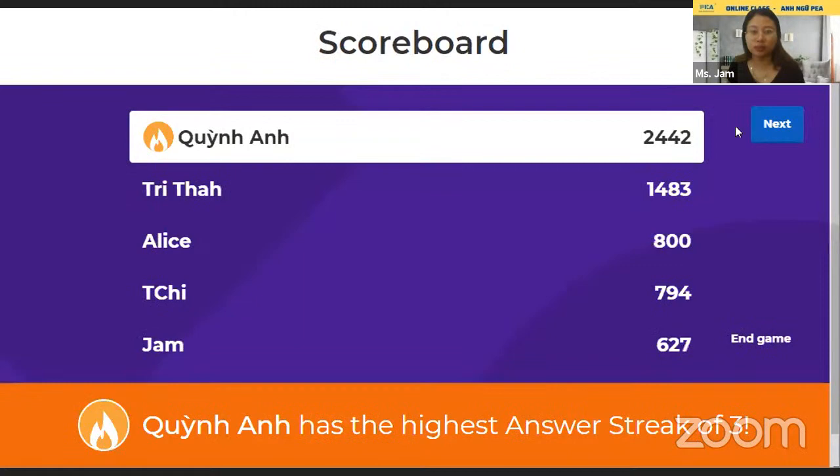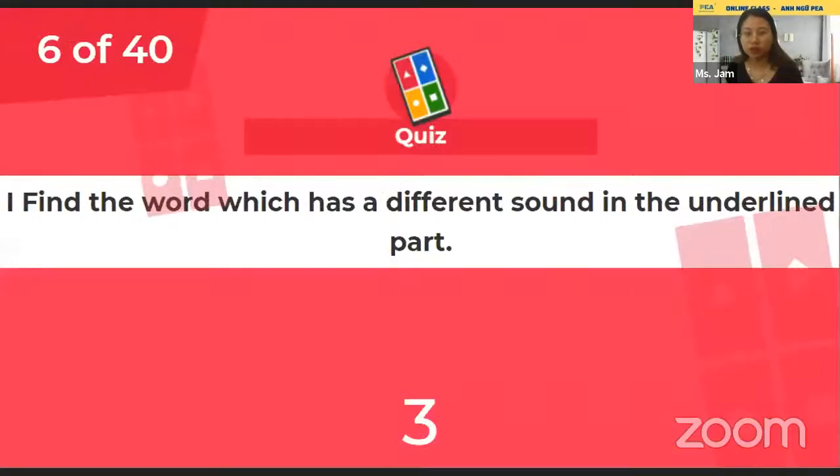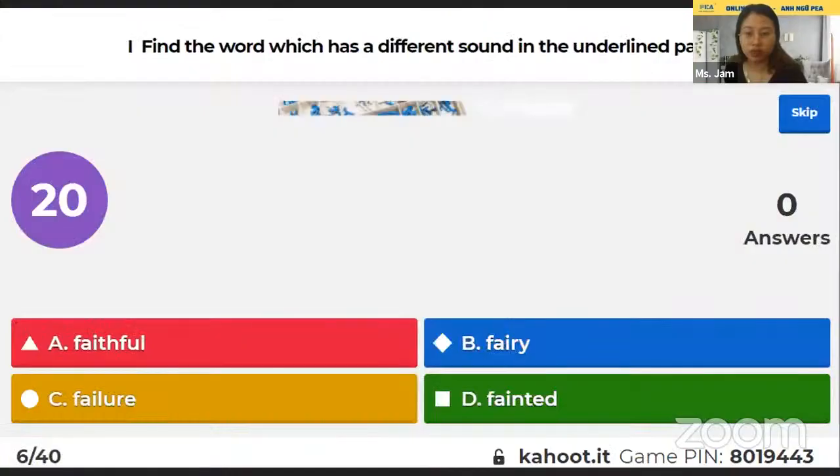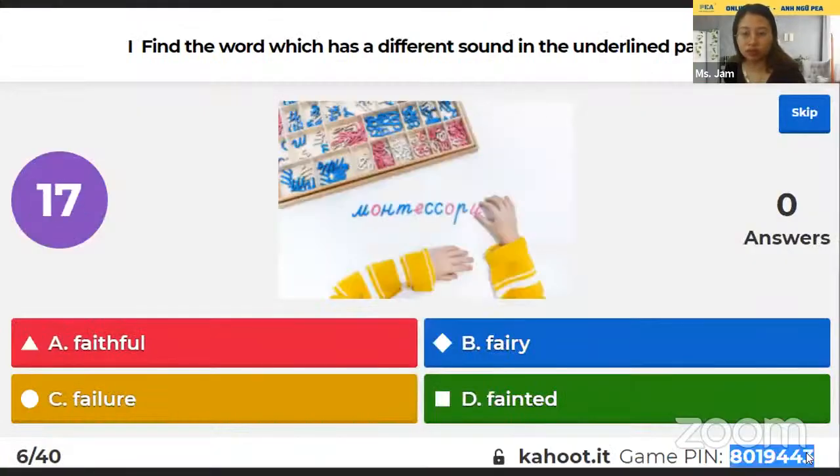You can join the group, Alice. The pin is below. Thinking about this one. This one is AI, which has a different AI sound.